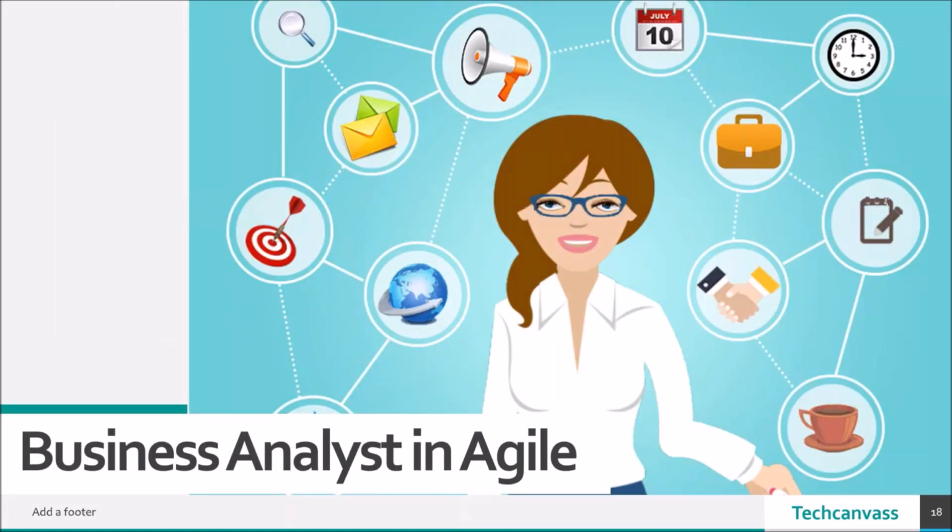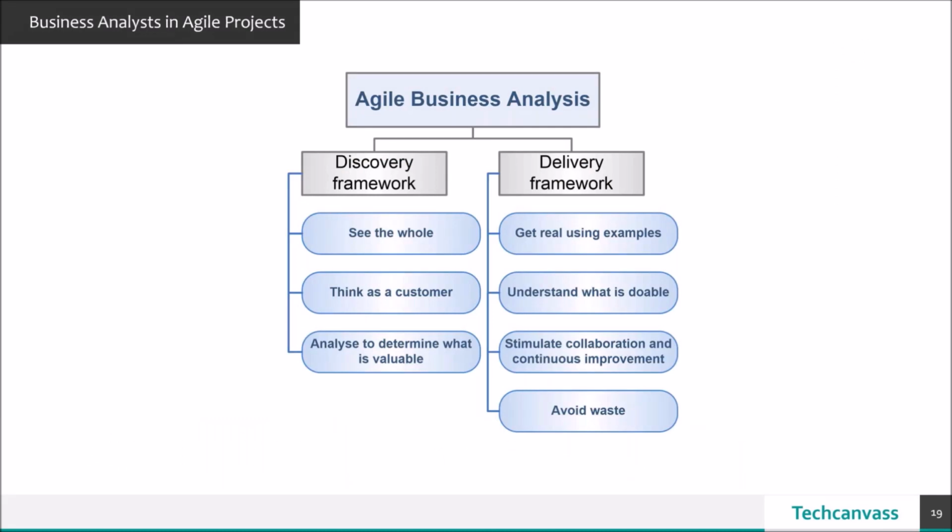We talk about the business analyst in Agile. There are two frameworks. The discovery framework is where you focus on seeing the whole picture. Think as a customer: what is the problem the customer has, what is the kind of product he wants to deliver, what is the customer actually trying to achieve, and you focus on the value which the customer is trying to deliver.